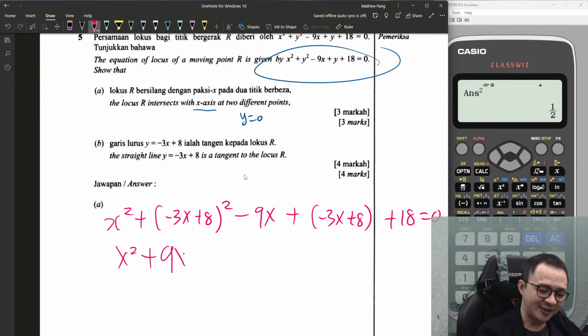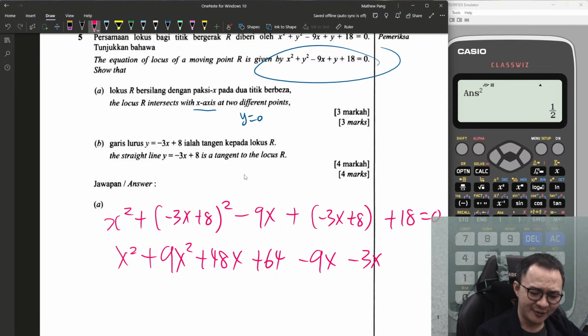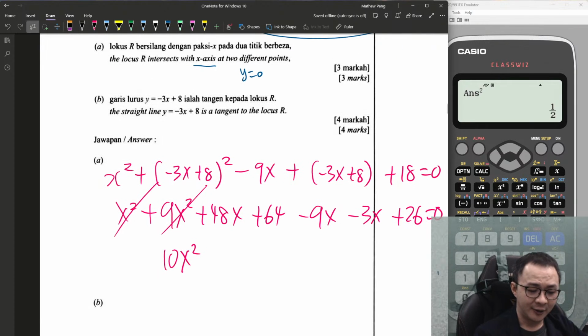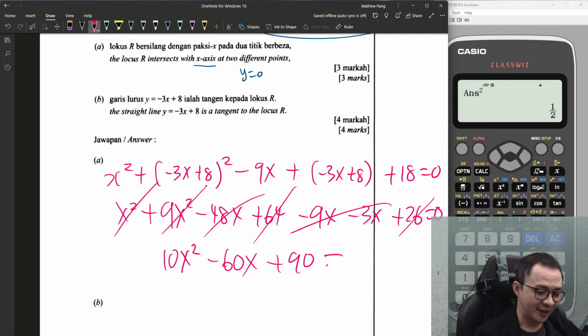So x squared plus 9x squared plus 48x plus 64 minus 9x minus 3x plus 26 equals 0. So this one and this one I cancel, I will get 10x squared. 12x is minus, sorry, because this is minus, so minus 60x plus 90 equals 0.